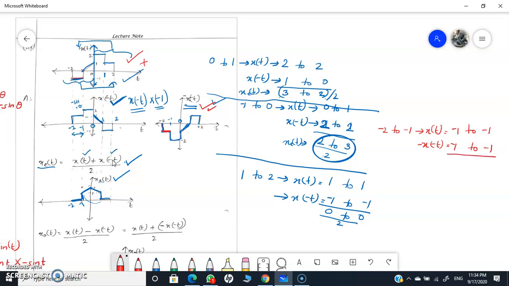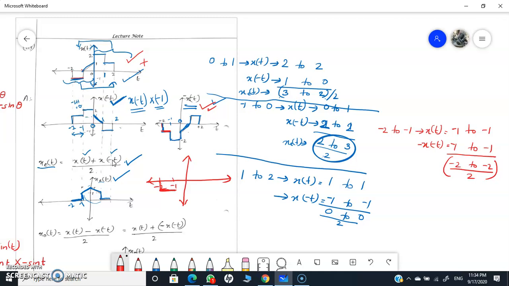Now if I am taking the sum, it will be varying from minus 2 to minus 2. The sum divided by 2 will give you the output. So the output in the interval minus 2 to minus 1 is varying from minus 1 to minus 1. So this will be the output.